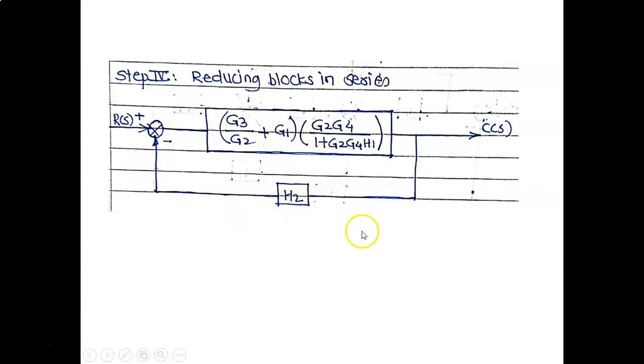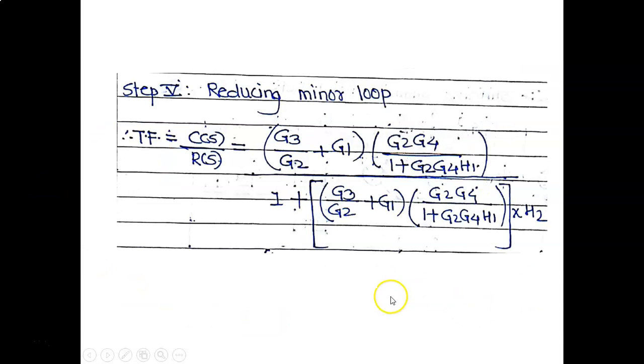Now this is forming again a minor feedback loop. We will solve this minor feedback loop. Therefore the transfer function C(s) upon R(s) is equal to G3 upon G2 plus G1 into bracket G2 G4 divided by 1 plus G2 G4 H1, divided by 1 plus bracket G3 upon G2 plus G1 into G2 G4 divided by 1 plus G2 G4 H1 into H2.